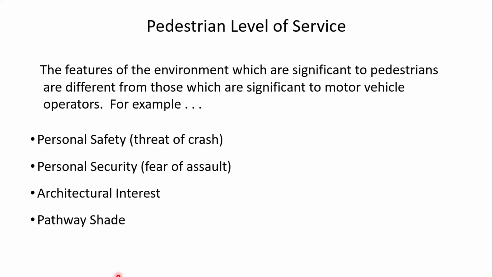Also architectural interest, because pedestrians are moving at slower speed, the architecture or the aesthetics of buildings and the streetscape is important to them, maybe not so much to a motor vehicle operator who's, again, traveling down that street at much higher speed. I mentioned yesterday, pathway shade is important.